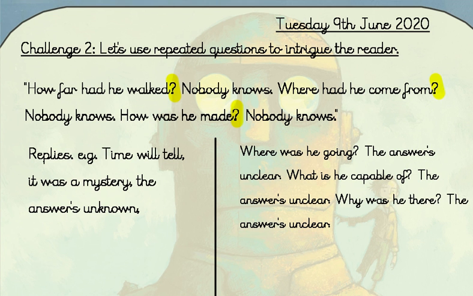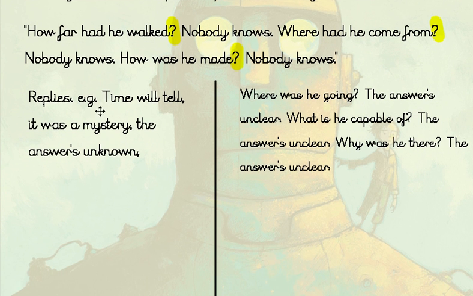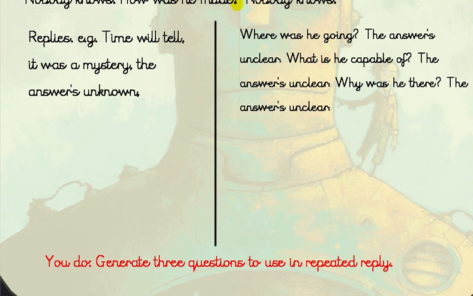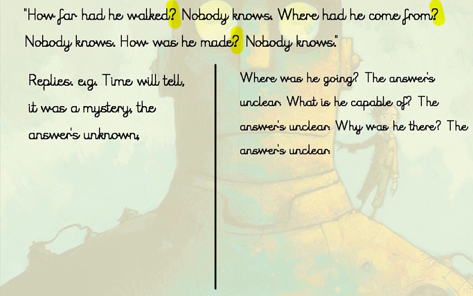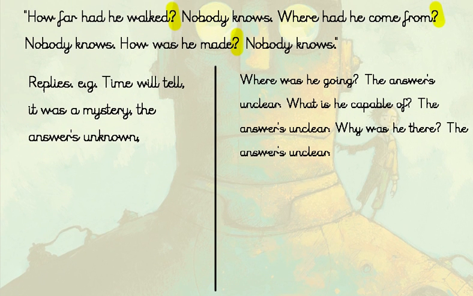Okay, so one half of the page, your replies, what you could have, and on the second half of the page, choose one of your replies and write your 3 sentences. Okay, I'll leave this up here for you. So you have a go. You can choose your own questions and your own repeated reply. Pause the video and have a go.